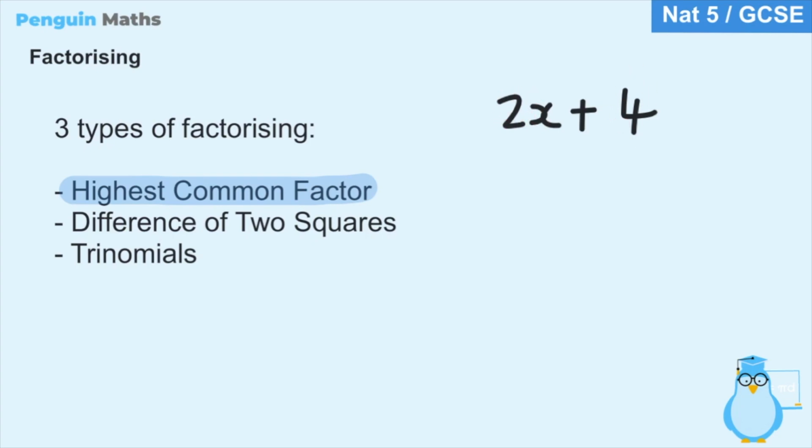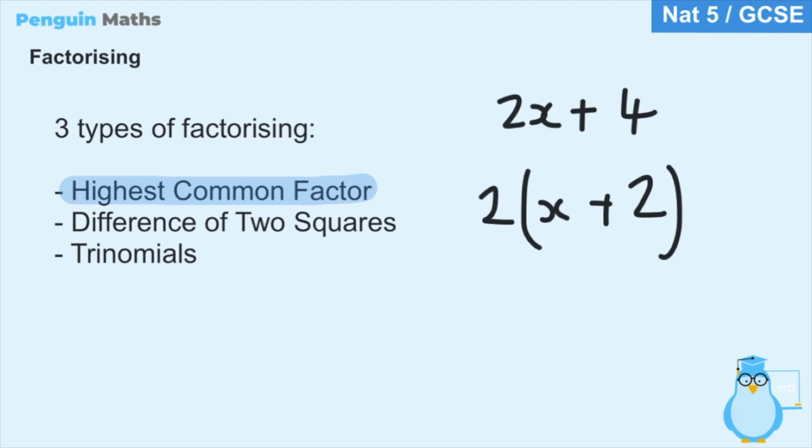Because both of them are even numbers, that means that we know 2 is definitely a common factor, and that means inside the brackets we divide by that common factor, so 2x divided by 2 gave us x, and 4 divided by 2 gave us 2. And this can't be simplified anymore because there's no common factor between the x and the 2, so that means that this 2 here is the highest common factor.